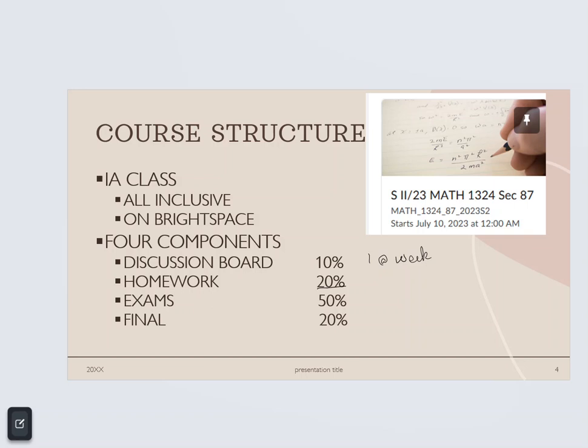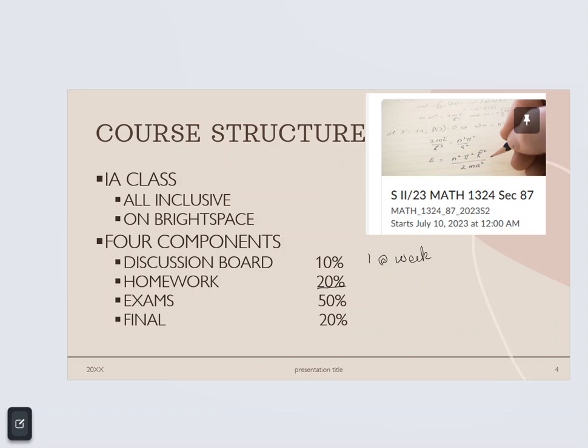The homework is worth 20% of the course grade, and that encourages you to make the 100. It is always possible. We'll talk about how you can get additional help to make sure you make those hundreds and understand the material. Exams are worth 50%. That's half of the course.